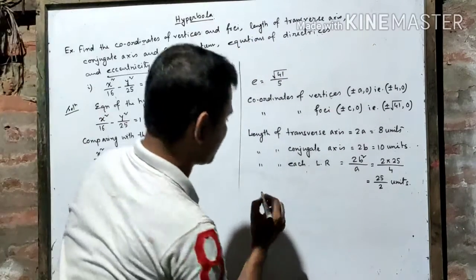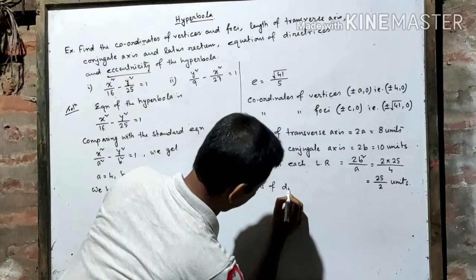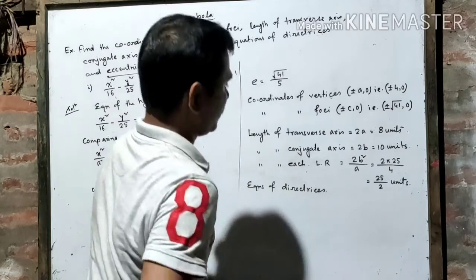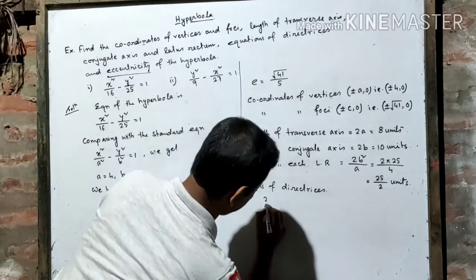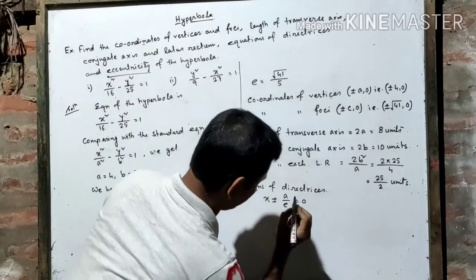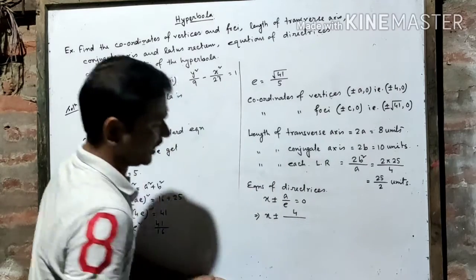Then equation of directrices. What are the equations of directrices? x plus minus a by e is equal to 0. This implies x plus minus, what is our a? a is 4.